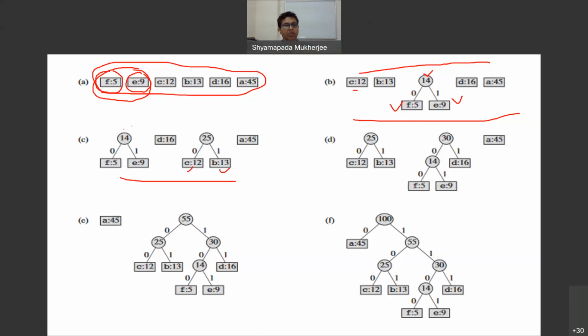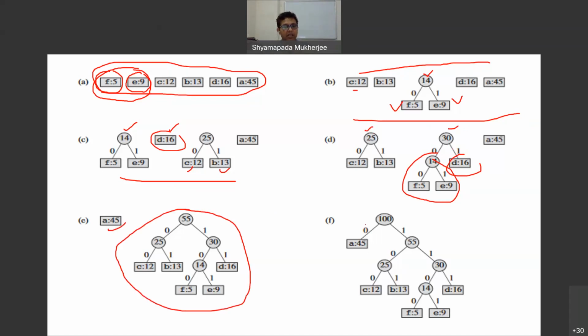Then the smallest values are these two; this becomes the left subtree and this the right subtree, and we get the sum 14 and 16, that is 30, labeled with 0 and 1. Then we merge 25 and 30 and get this subtree, and then this 45 and this subtree, and finally we get this complete full binary tree for getting the different codes for the different characters.